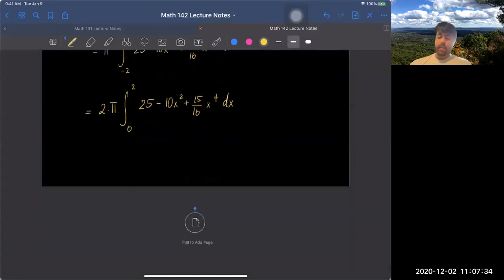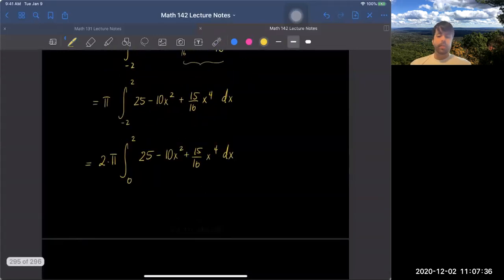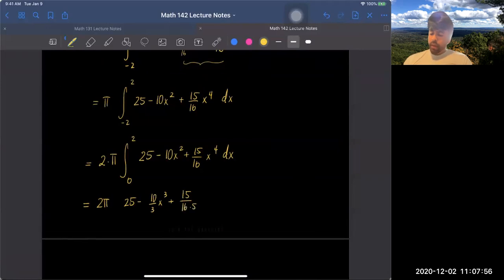And now from here, find the antiderivative. So this would be equal to 2 pi. The antiderivative would be 25 minus 5, no, pardon me. This is 10 thirds x cubed plus, this would be 15 over 16 times 5 x to the fifth power evaluated from 0 to 2.